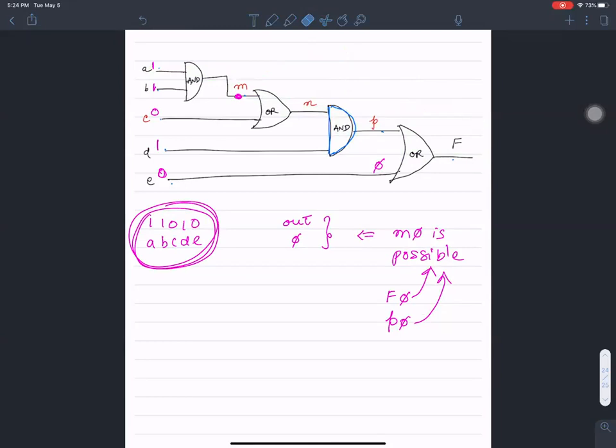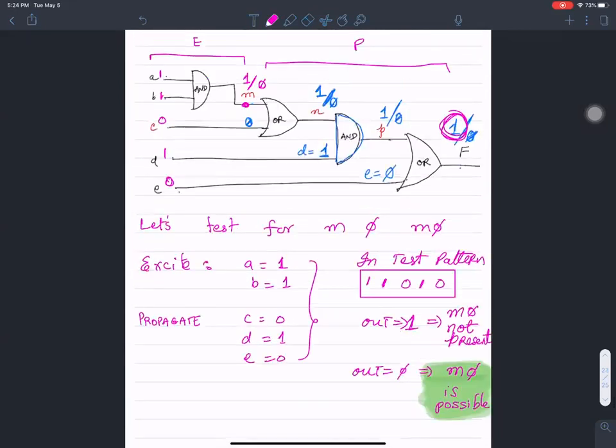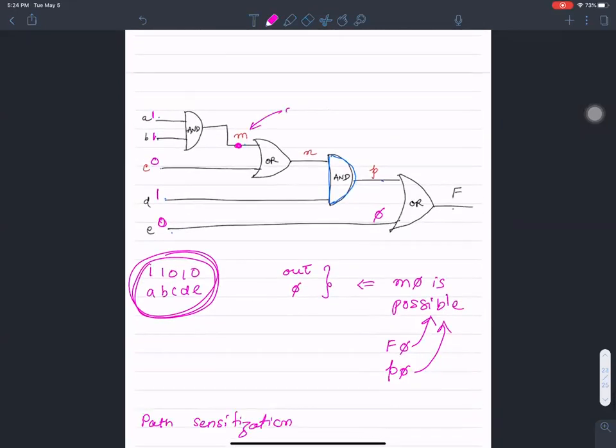Now that's also the idea that I'm going to present to you when I say path sensitization. What I mean is, let me remind myself, I was testing for M stuck at 0. This is what I was testing, right? The same input pattern 1 1 0 1 0, as a matter of fact, can be used to test not only M stuck at 0, but also N stuck at 0.